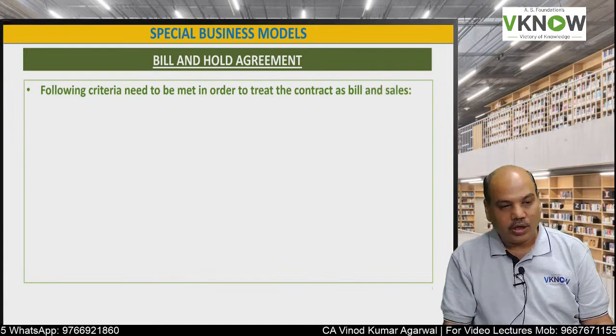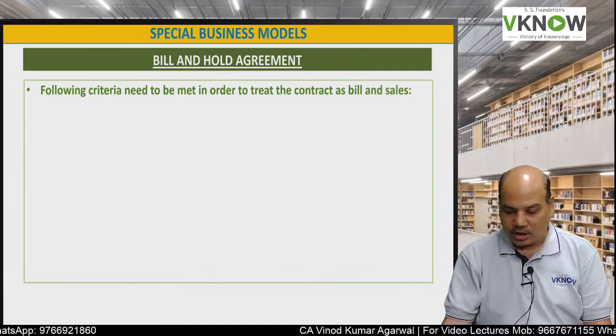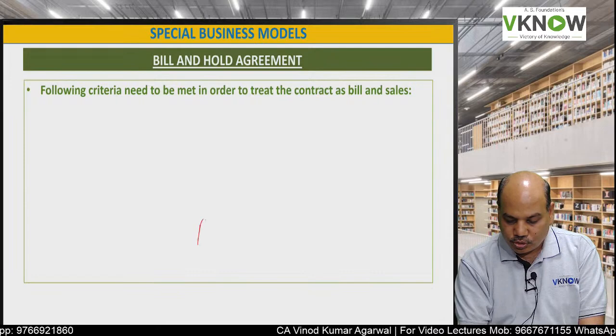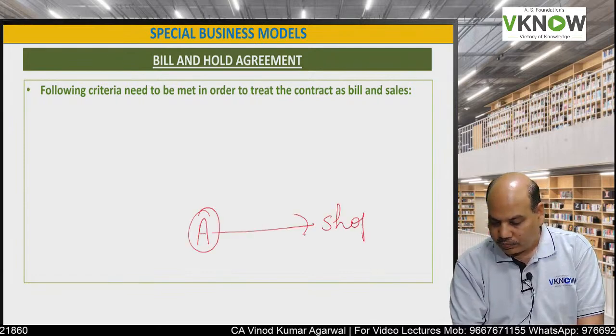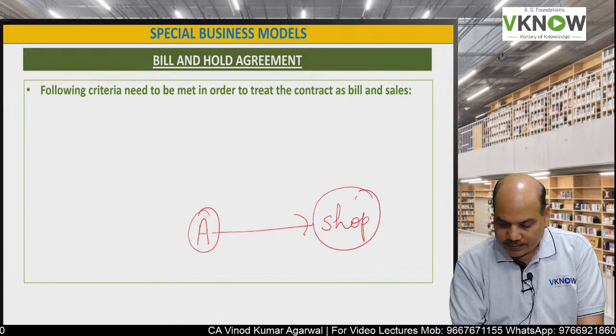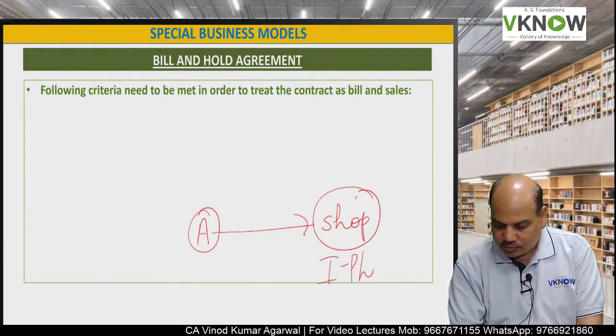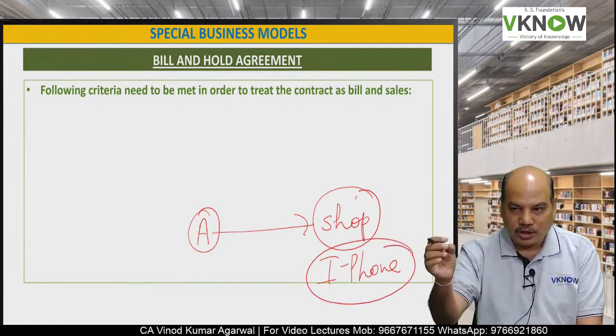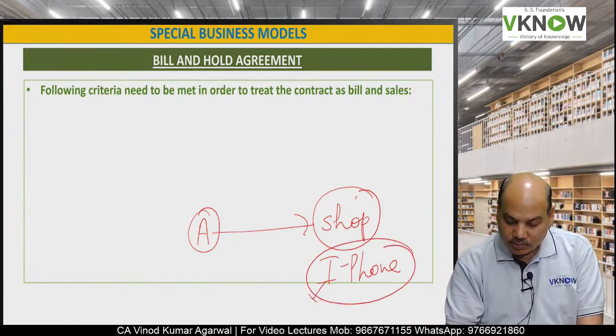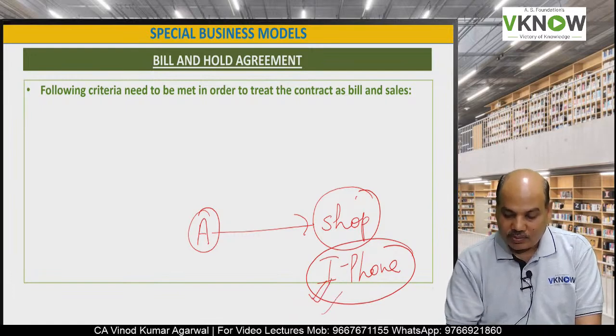Next is the bill and hold arrangement. You go to a shop, and A says, I want this iPhone. The iPhone is available on the counter. He takes it out and prepares a bill. You accept the bill.